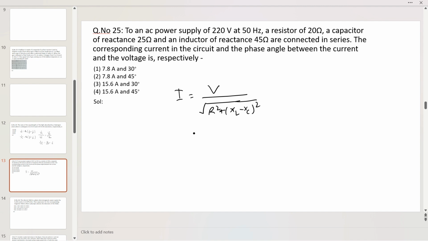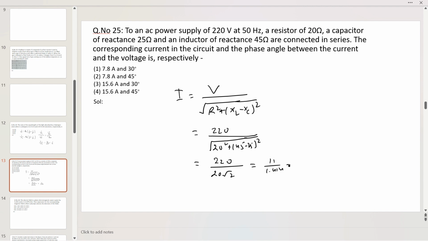Now if you place the values, that is 220 by root over 20 square plus 45 minus 25 the whole square, you are going to get 220 divided by 20 root 2, and this will be equal to 11 by 1.414.